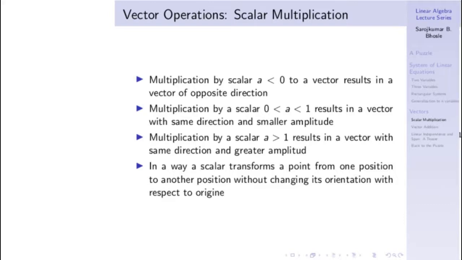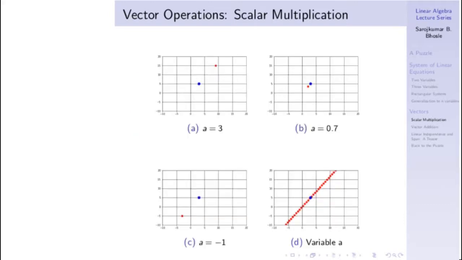And now let's see its geometry. Consider this vector. From here onwards I will represent vectors by points, so don't be afraid of this representation. This is where the origin lies, and this is how we can represent this point with a blue dot. So this is a vector.